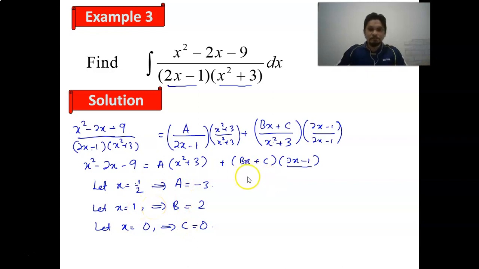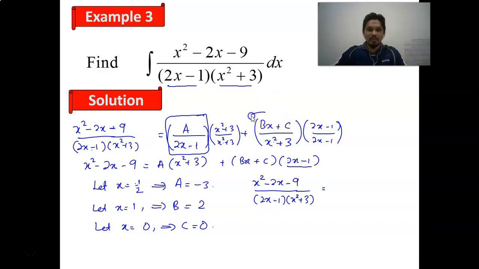So now, (x squared minus 2x minus 9) divided by (2x minus 1)(x squared plus 3) equal to this one here. This is the original partial fraction that we formed just now.